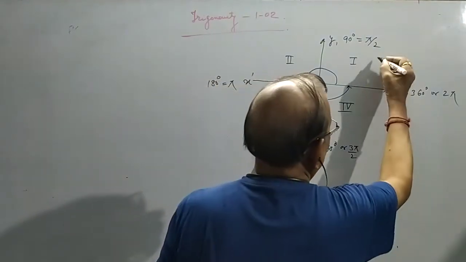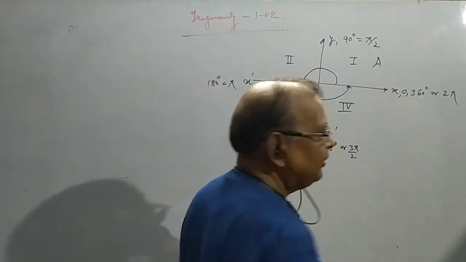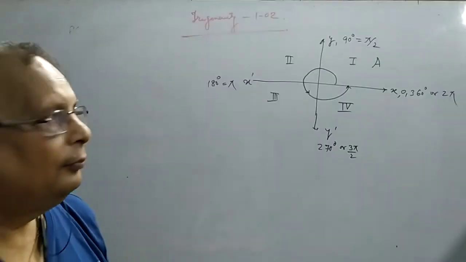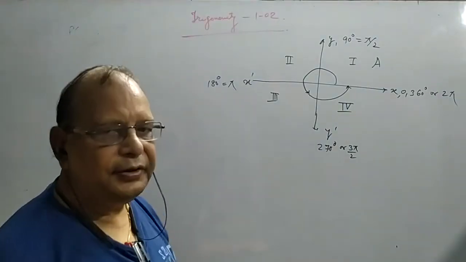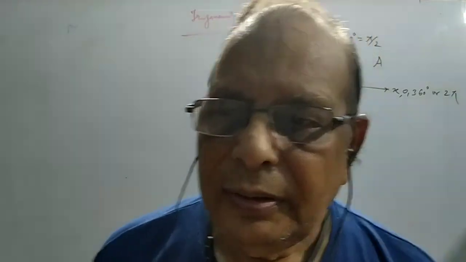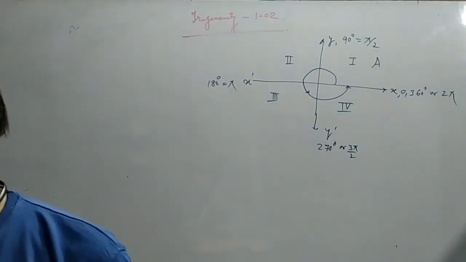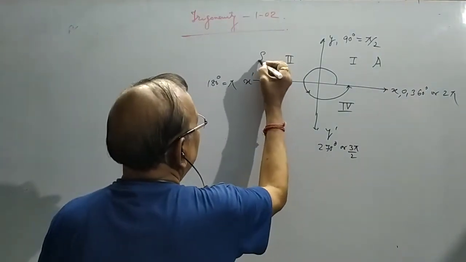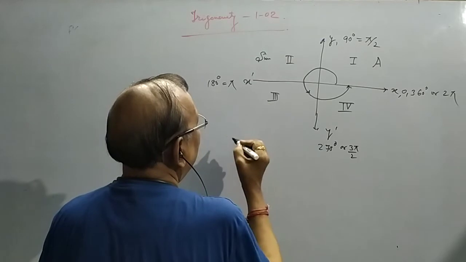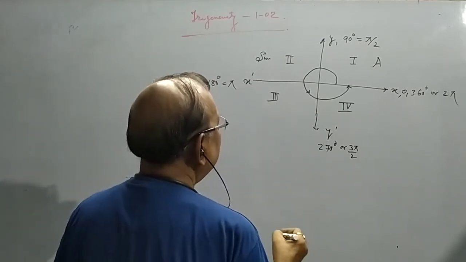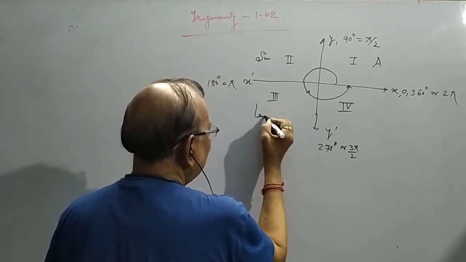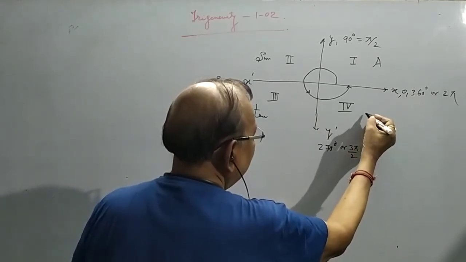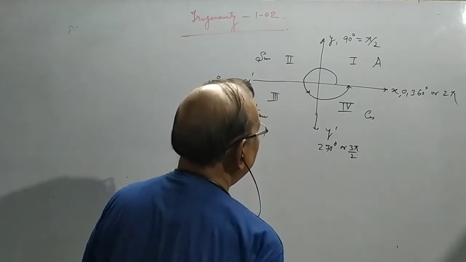All trigonometrical ratio. So I consider first letter of all, that is A. In second quadrant, sine will be positive. In third quadrant, tan will be positive, and in fourth quadrant, cos will be positive.